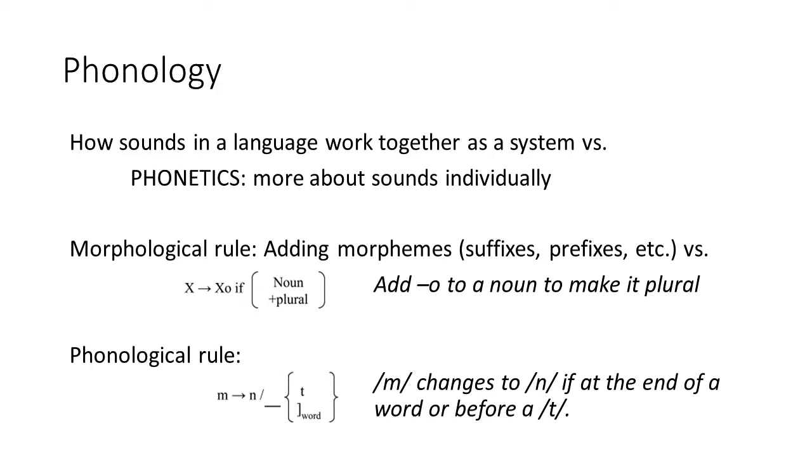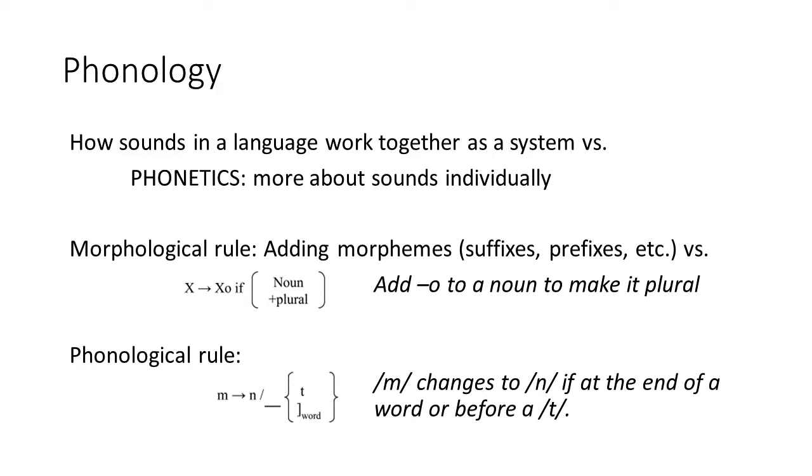A phonological rule looks a little bit different. So here, this looks really all over the place, but M, arrow, N. So that just basically means that M becomes an N if it is before a T or if it is at the end of a word. So that little right bracket, then subscript word, that means word final or at the end of a word.